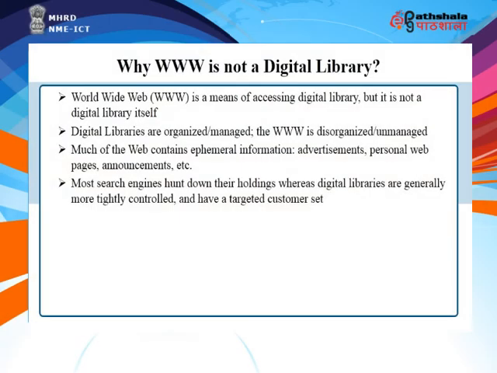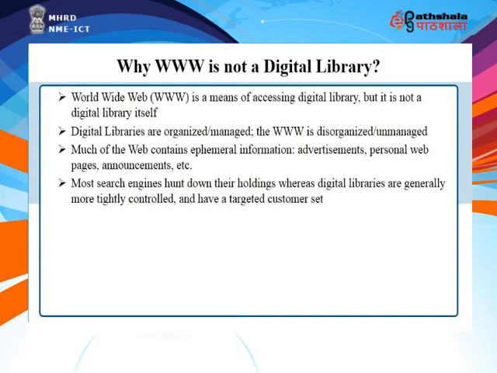Let's now examine why WWW is not a digital library. WWW is a means for accessing a digital library, but it is not a digital library itself. Digital libraries are organized and managed collections of resources. On the contrary, the WWW is disorganized and unmanaged.